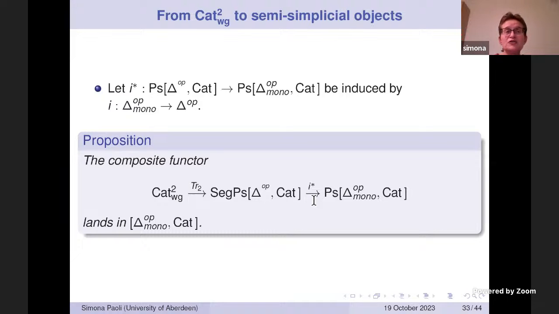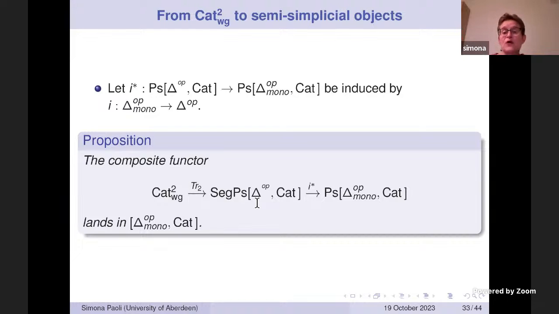Because remember, we want to build semi-categories. But semi-categories are just captured by delta mono, right? And here is the point. When you do this, you discover that what you get is an actual functor from delta mono up into cat. It's not a functor from delta up into cat, but it's a functor from delta mono up.